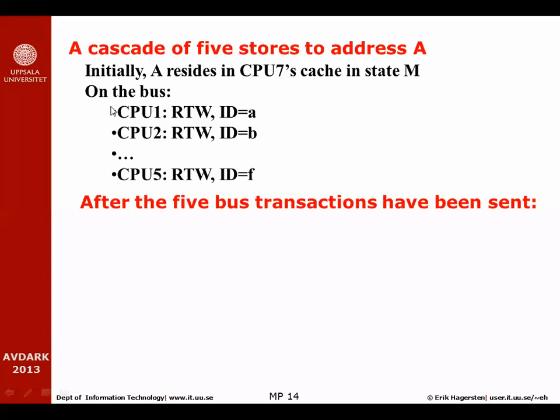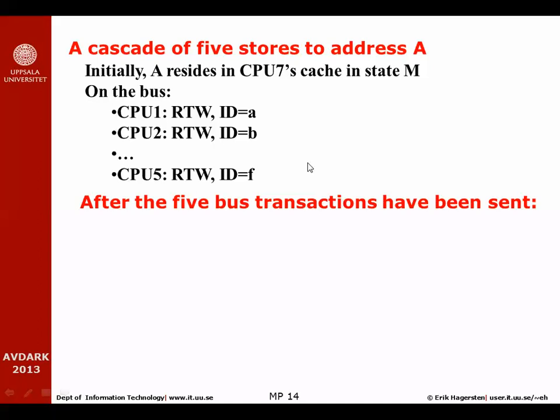First, CPU 1 wants to store, and so it will send a read to write request on the bus with a unique identifier A. Then CPU 2 wants to store, sending out the read to write request back to back on the address bus with its unique identifier B. CPU 3 wants to store, unique identifier C, and so on, down to CPU 5 with its unique identifier F.